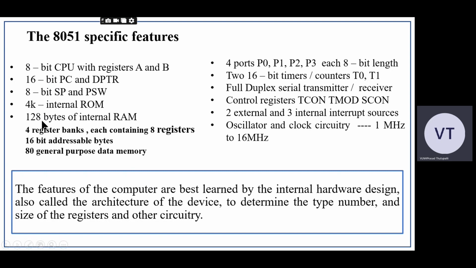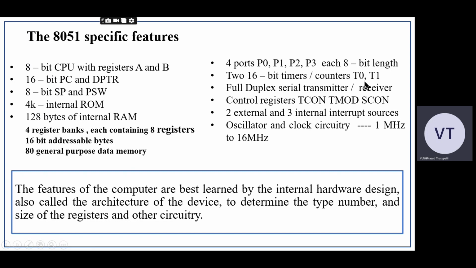There are 128 bytes of internal RAM, which is divided into 3 parts, and 4 IO ports, P0, P1, P2, P3, in order to communicate with the outside world, to take data in and to send data outside. There are also 16-bit timers or counters, T0 and T1.